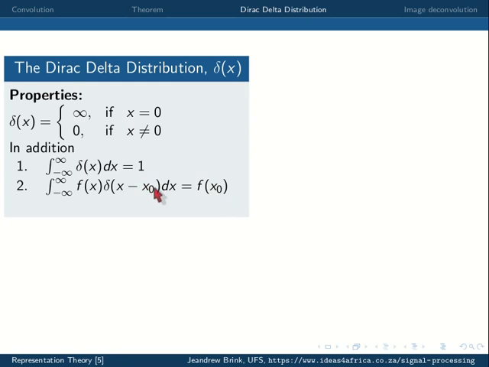The Dirac delta function is also symmetrical. If you put a minus inside here, it's exactly the same. If you multiply the whole thing by the minus to get x0 minus x, which is your actual definition of convolution, it is the same thing. So the Dirac delta is symmetrical, and when you integrate it with f of x from minus infinity to infinity, you just get the function back.